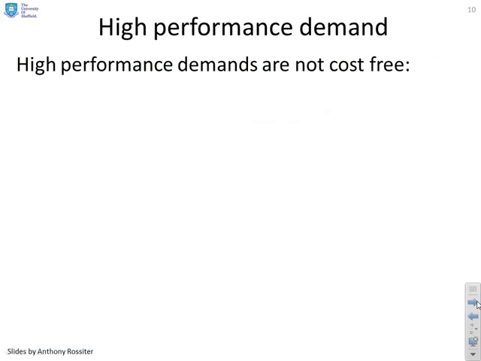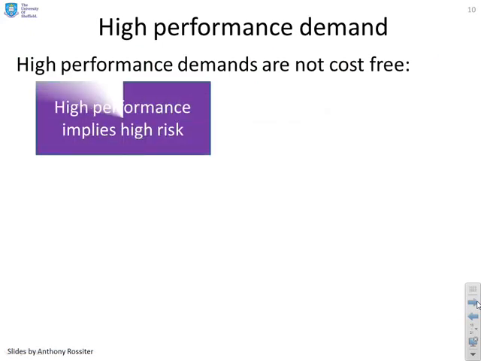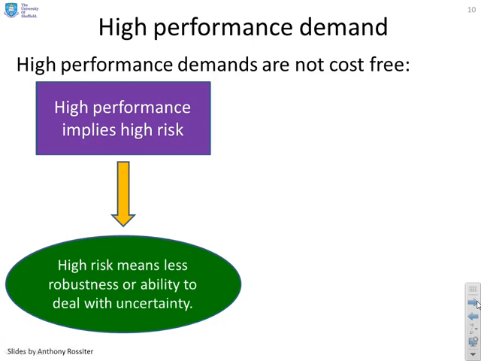So what have we got? High performance demands are not cost-free. If you want high performance, then implicitly you've got high risk. Okay, so high risk is equivalent to less robustness or less ability to deal with uncertainty, things that you didn't expect, the ball not bouncing quite as you expected, or something else.